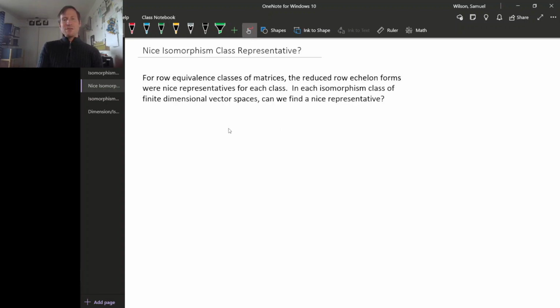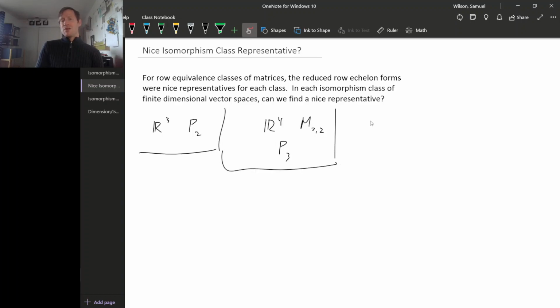So what might a nice class be? Well, if we think about the isomorphism classes we've looked at, we've seen that R3 is isomorphic to P2. We've seen that R4 is isomorphic to M22. Actually, it's also isomorphic to P3. And we could list other examples.